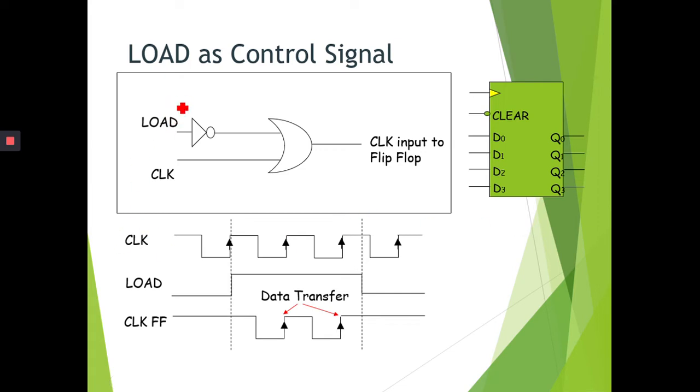Whenever the input is 0 here, then because of the inverter it becomes 1, and then we know as XOR gate, when it is 0 0, the output will be 0, 0 1, the output will be 1, 1 0, the output will be 1, 1 1, the output will be 1. So as long as the input to the load is 0, because of the inverter, it's inverted into 1. That's why we can see the output from the XOR gate here is always 1.